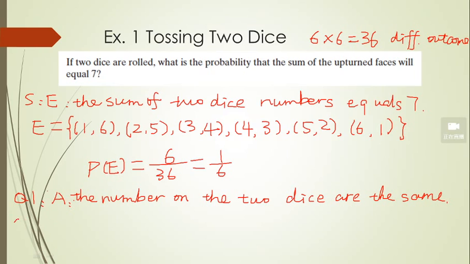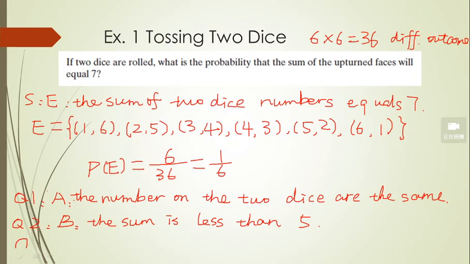And then the probability of event B: the sum of the two dice numbers is less than 5.